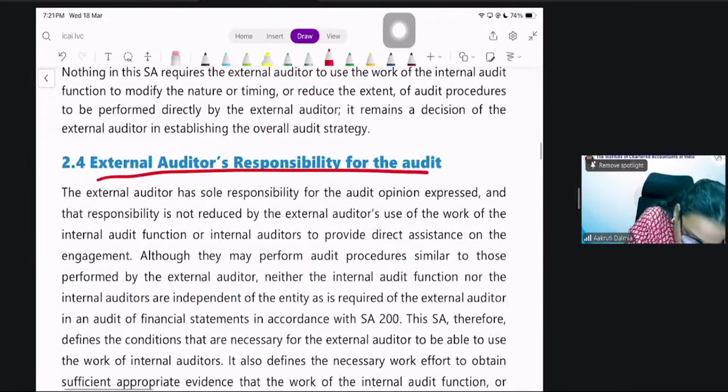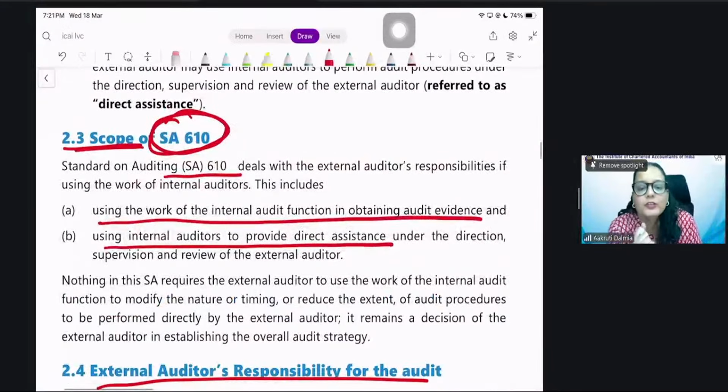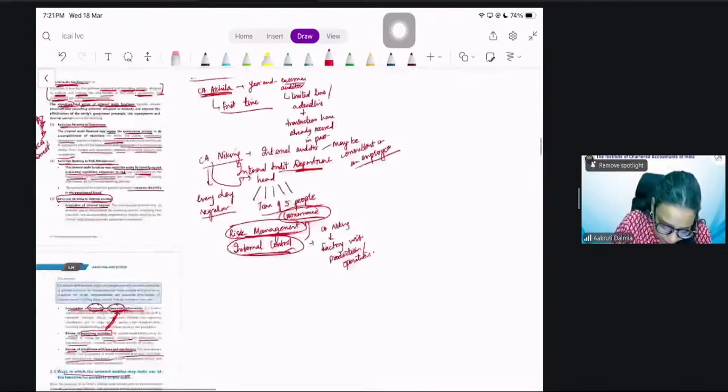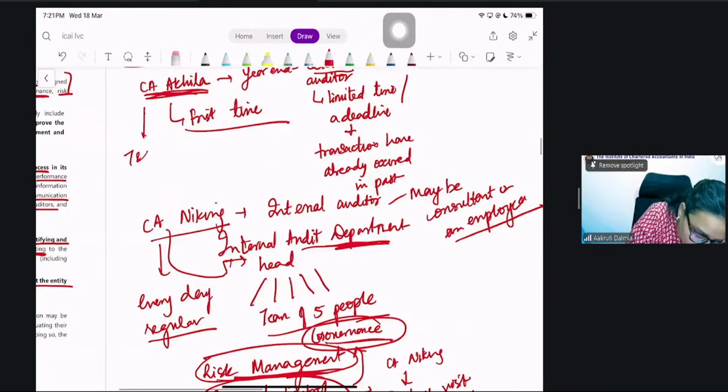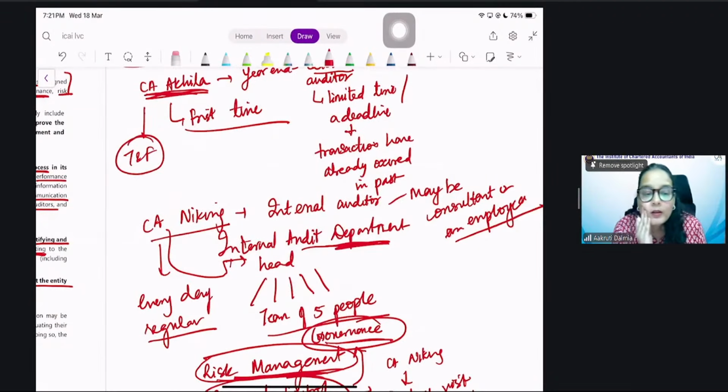Now you tell me, if Akhila used the help of Nikunj and Nikunj assisted Akhila during the audit, and then Akhila gave a true and fair view, and later on some fraud was found, can Akhila say, "Nikunj told me to do it this way, that's why I did it"? Nikunj told me, that's why I gave true and fair view.